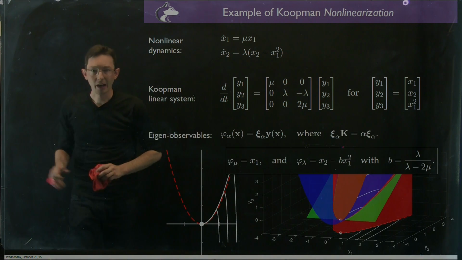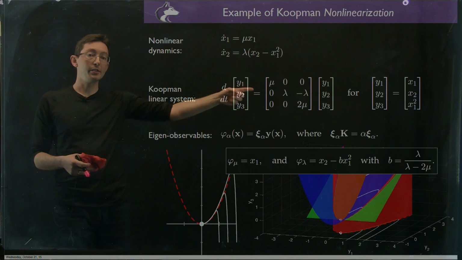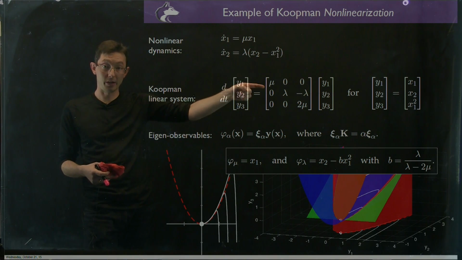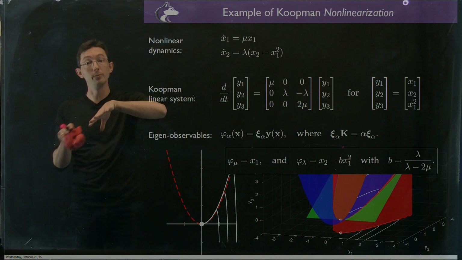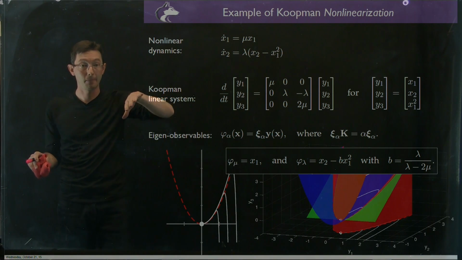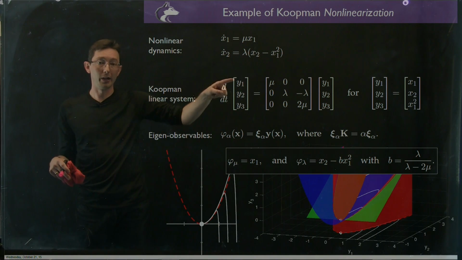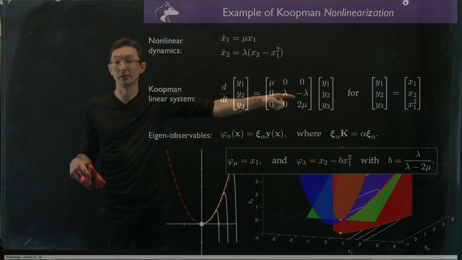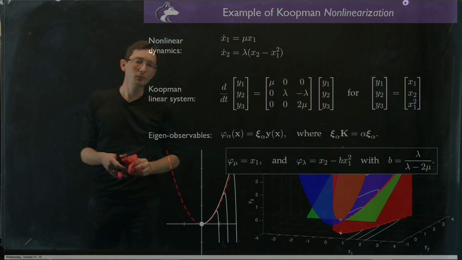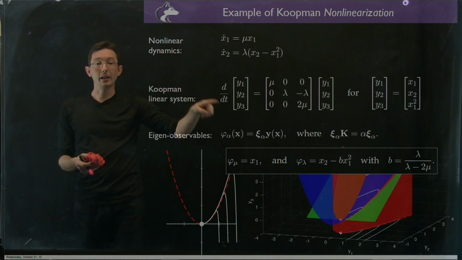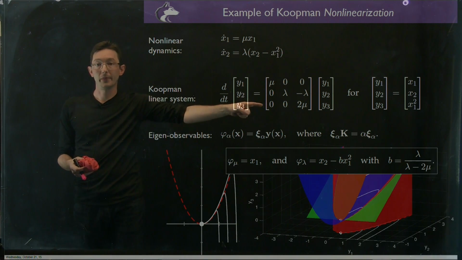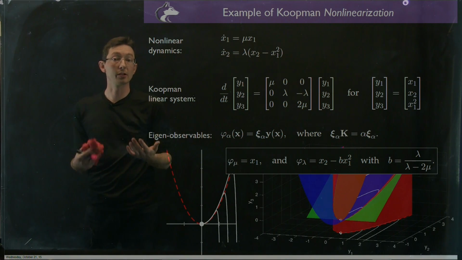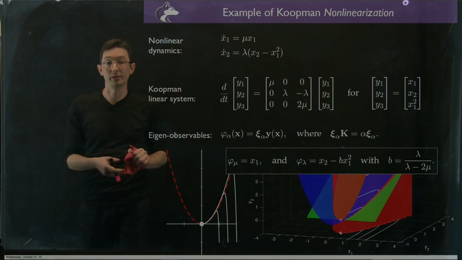Okay? And I'm just going to make an aside that once you have this Koopman operator restricted to a Koopman invariant subspace, that's a fancy way of saying that when I write my dynamics in these variables, they're in some sense closed with those variables. I can take the left eigenvectors of this K matrix, and I can use those to find what the eigenobservable functions are for my system of interest.